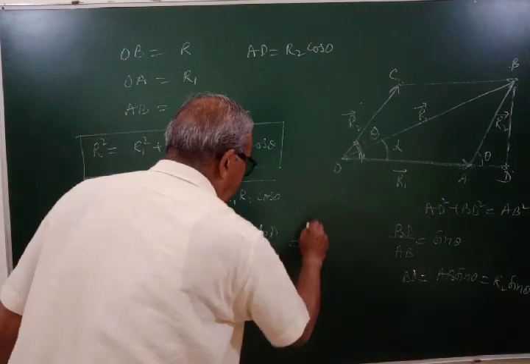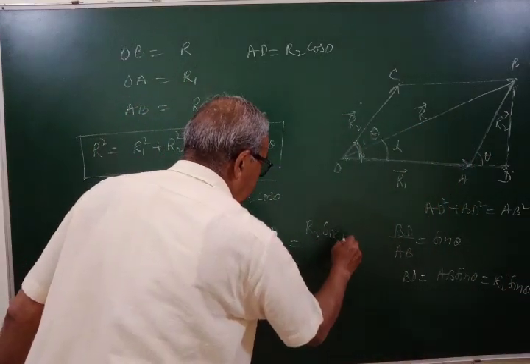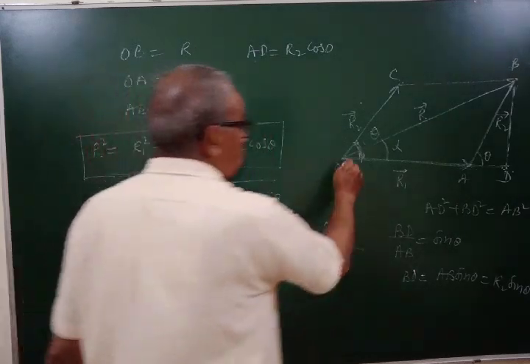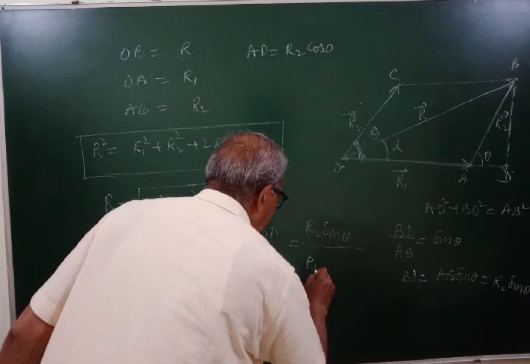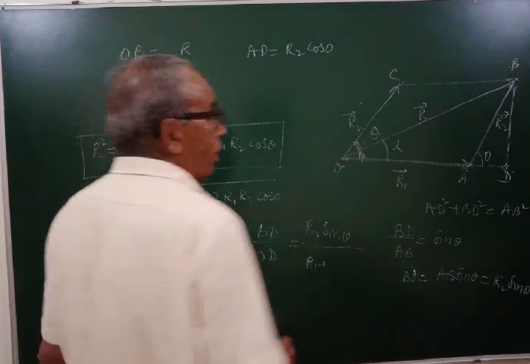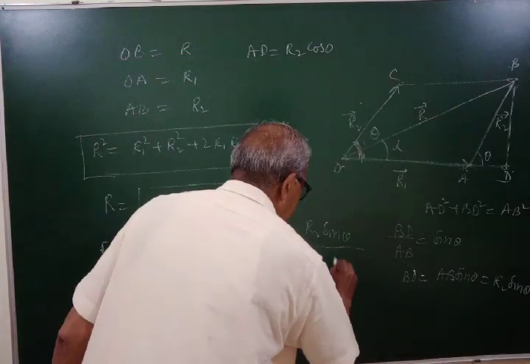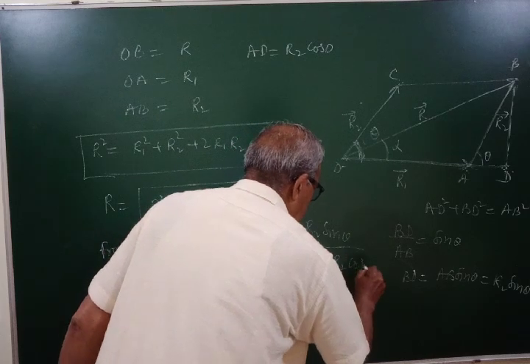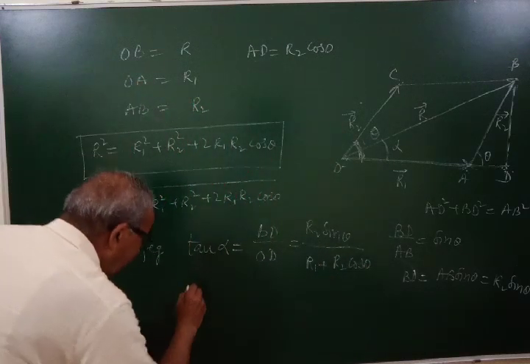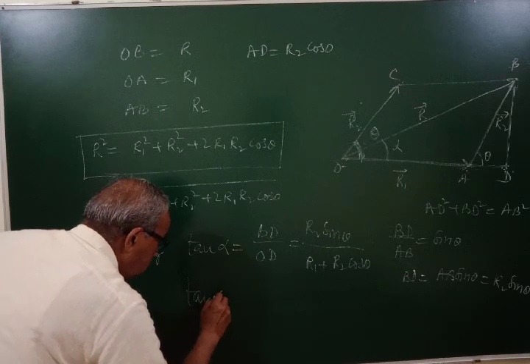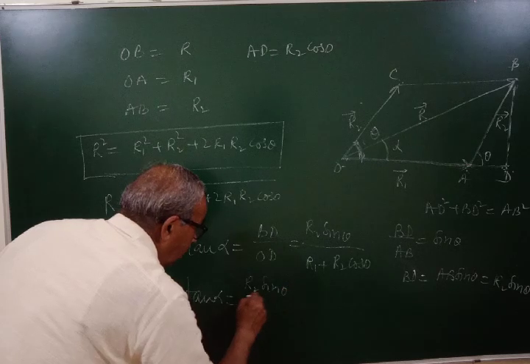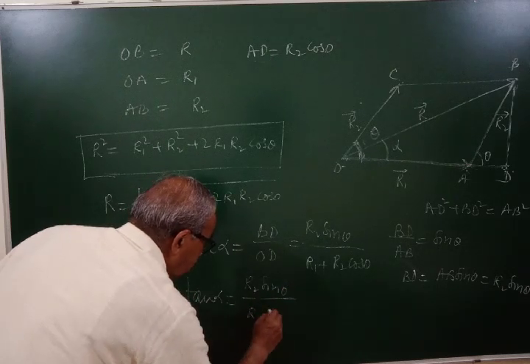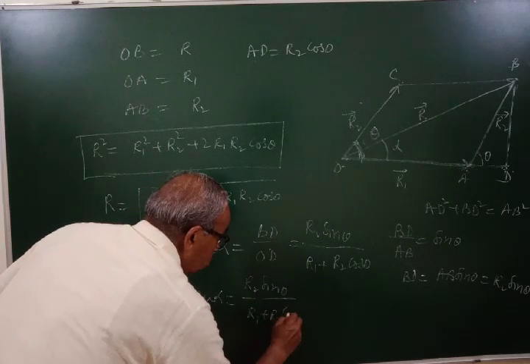So we can write R2 sin theta upon OA plus AD, which means R1 plus R2 cos theta. That way alpha can be obtained. Tan alpha is equal to R2 sin theta upon R1 plus R2 cos theta.